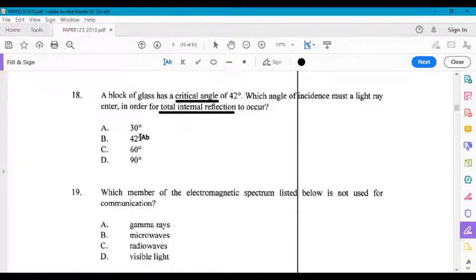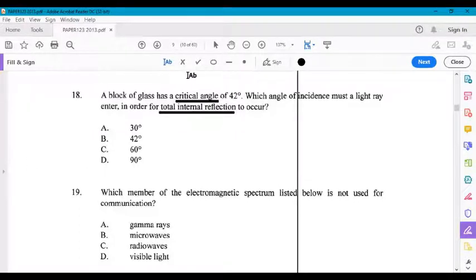What's happening is the ray actually makes no angle with respect to the normal, because remember the normal is always 90 degrees to the boundary. And if we have a ray that goes right along that line, we're going to get what's called normal incidence, and we'll actually see a straight line, just going straight through the second medium. So it will appear as if there was no bending at all, okay?